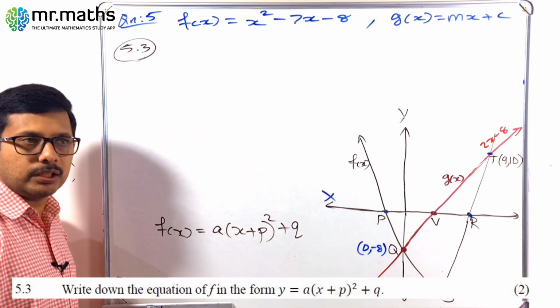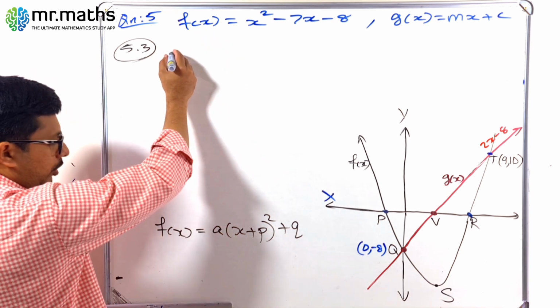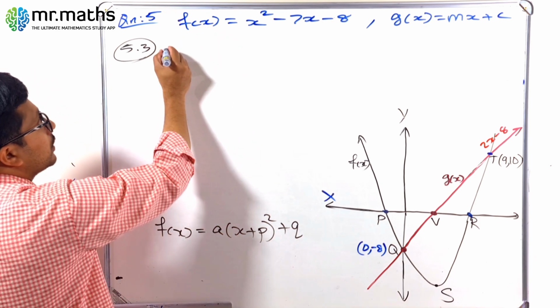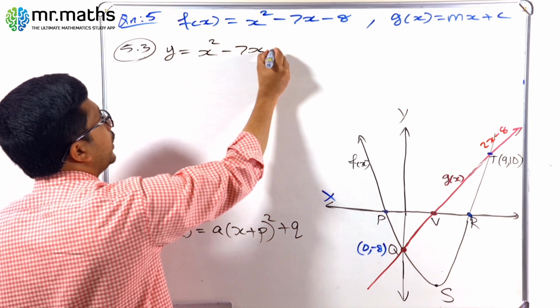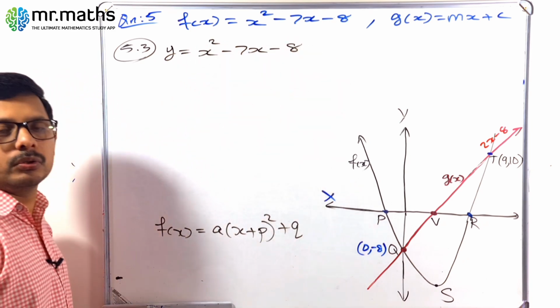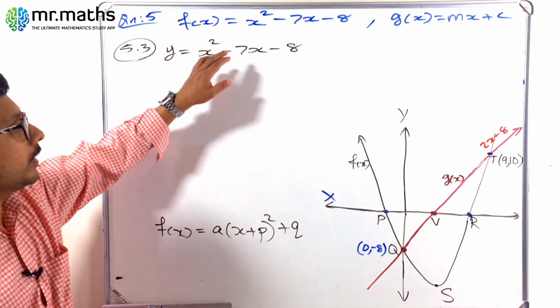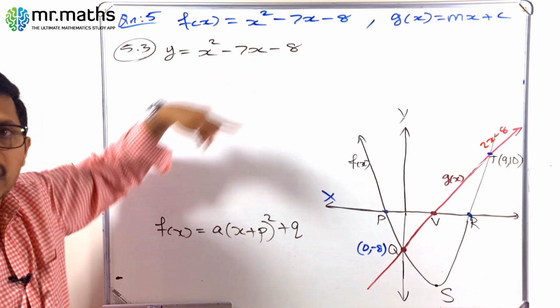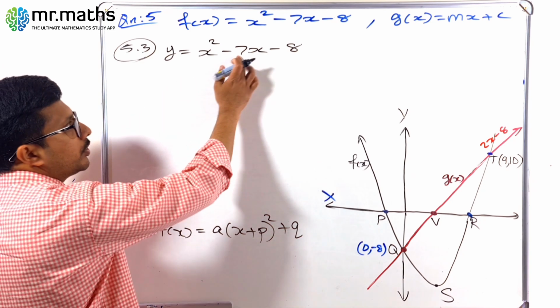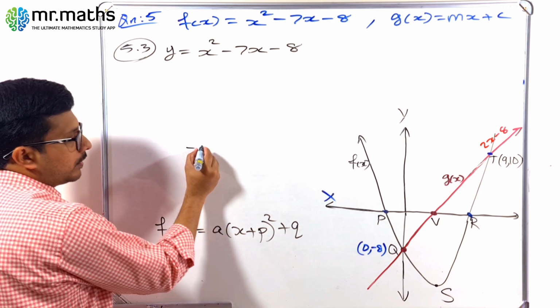In grade 11 you studied completing the square. So let me write the equation once more. f of x is the same as y is equal to x square minus 7x minus 8. To write it like this, what you are supposed to do first is check the coefficient of x. It is minus 7.